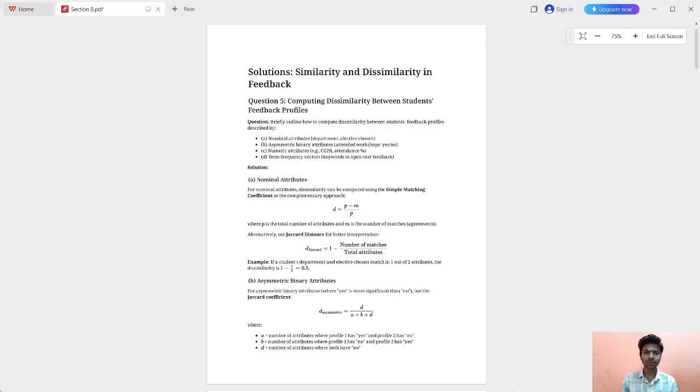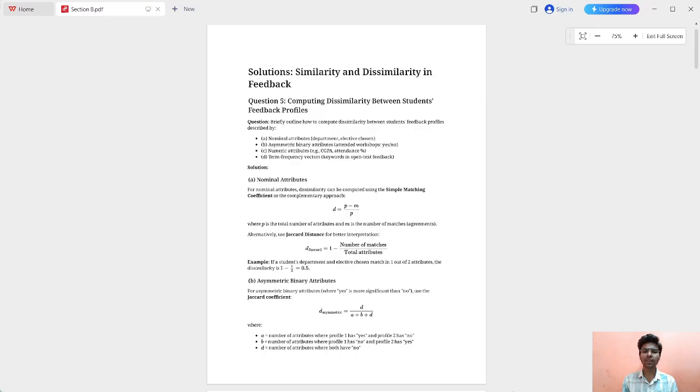Solution of this. First off, A. Nominal attributes. For nominal attributes, dissimilarities can be computed using the simple matching coefficient or the complementary approach. The formula is d equals (p minus m) upon p, where p is the total number of attributes and m is the number of matches.